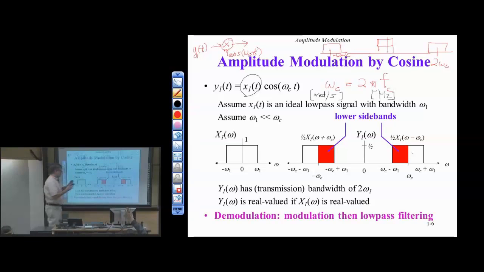Now, this is nice because now I can get my baseband signal back by low-pass filtering and extracting it. This low-pass filter will pass low frequencies that I want and attenuate and reject the high frequencies that I don't want. So the dual process is, again, just applying the sinusoidal modulation followed by low-pass filtering.